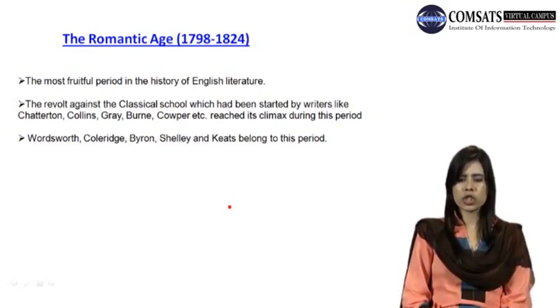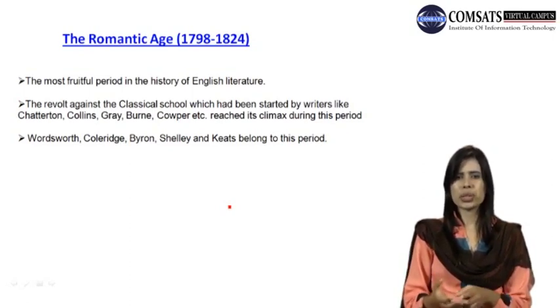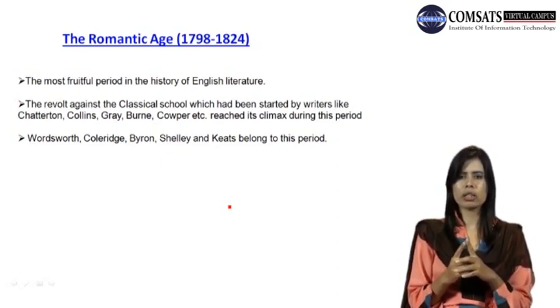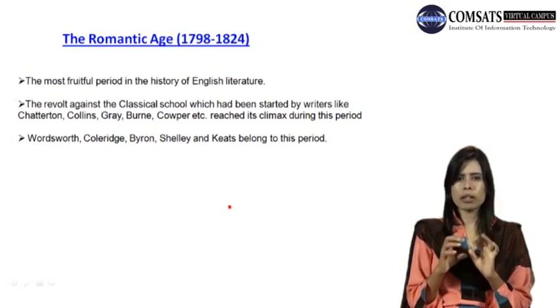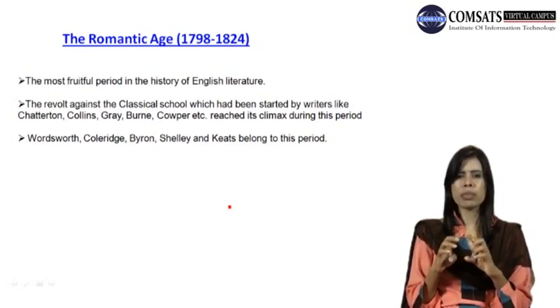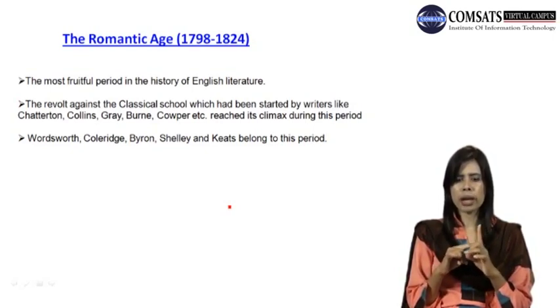Wordsworth, Coleridge, Byron, Shelley and Keats belong to this period. Here we are talking about the Romantic age, which we can call 18th century literature, and some part of the 19th century as well. The well-known poets are William Wordsworth, Coleridge, Byron, Shelley and Keats, and they belong to this Romantic age.